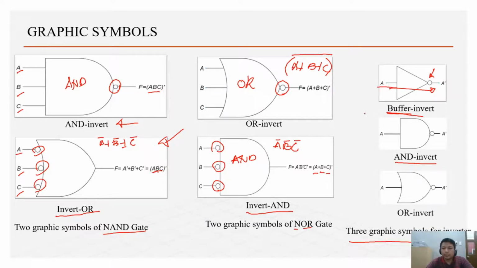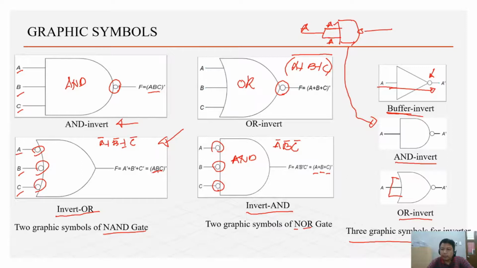Tanungin nyo, sir, saan tayo makakuha ng single input NAND gate? Basically, ang mga nabibili natin sa market is a double input NAND gate. Yung dalawang input mo, kinonect mo lang sa isang input, then parehas na rin itong diagram na to. Ganon din sa NOR invert. Ang mga nabibili natin sa market, dalawa din ang paa niyan.